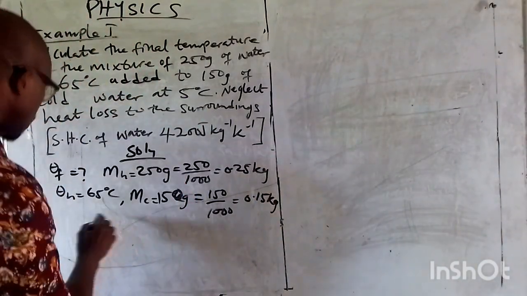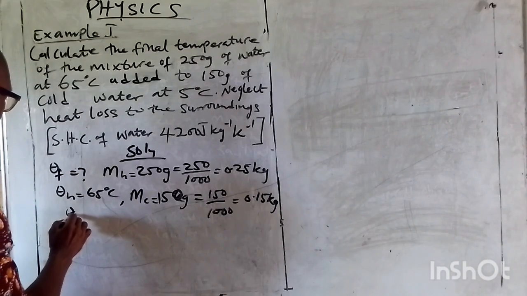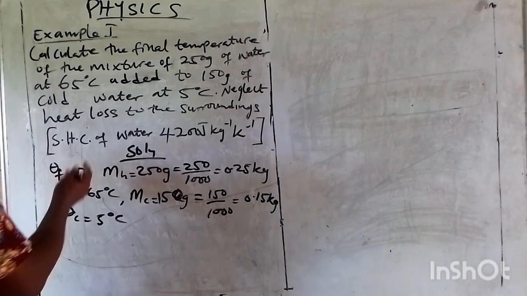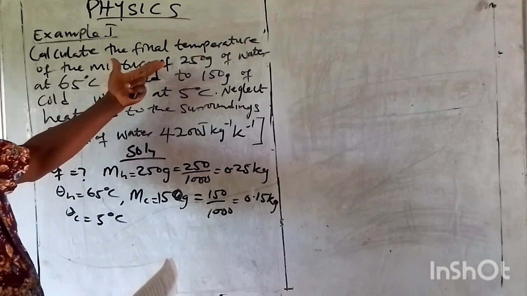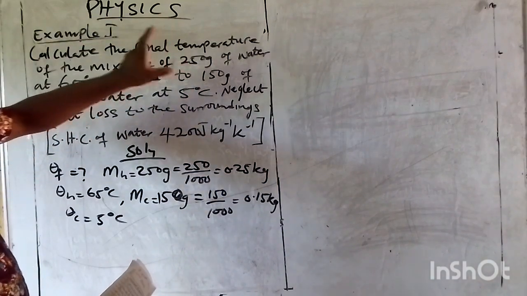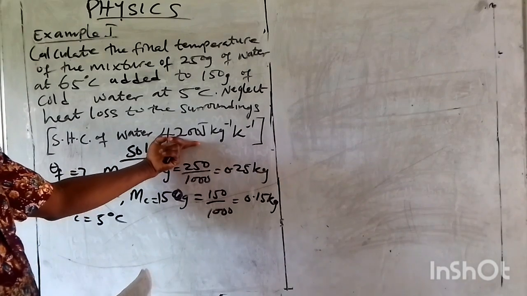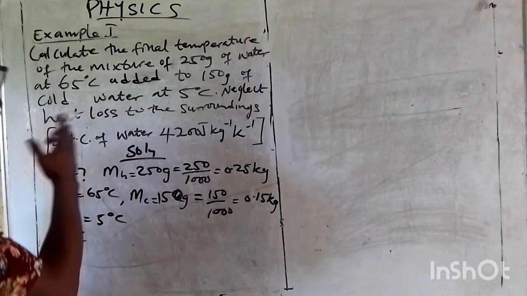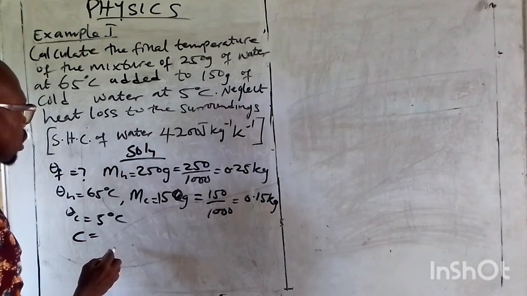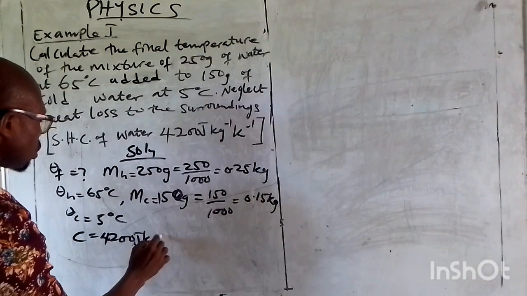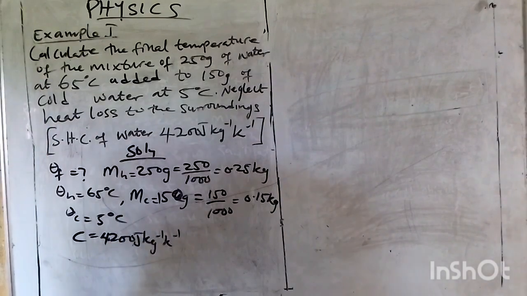Temperature of cold water, theta C, is 5 degrees Celsius. Because it's the same substance, water, we use the same specific heat capacity for both hot and cold: 4,200 joules per kg per Kelvin.